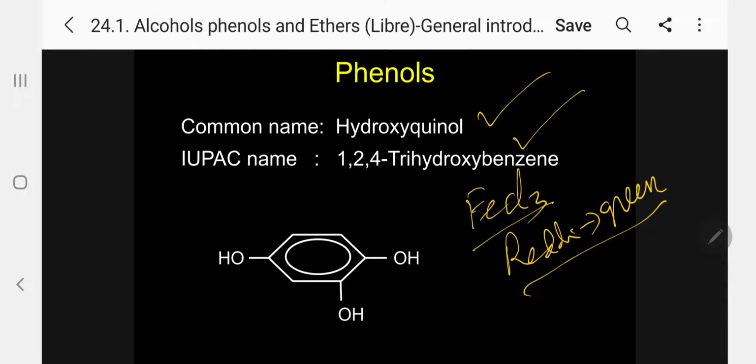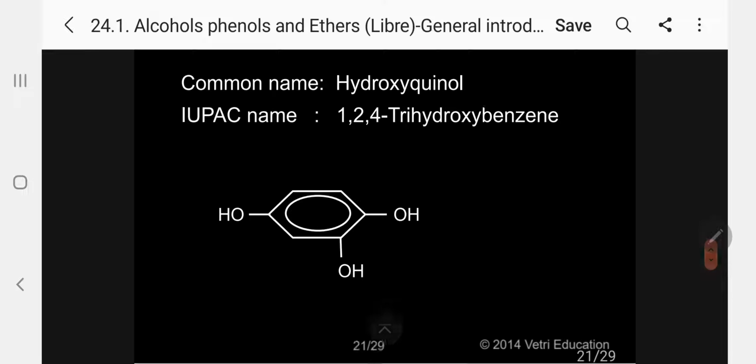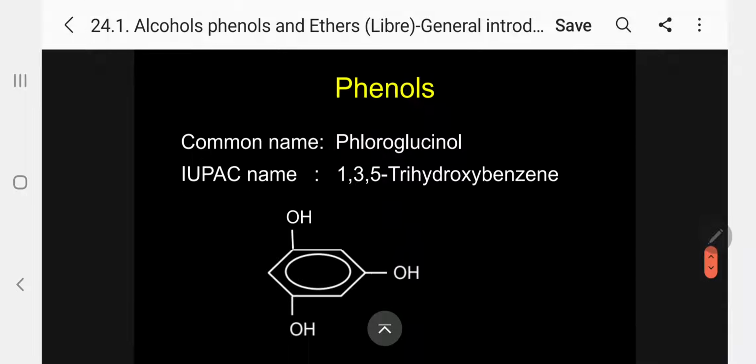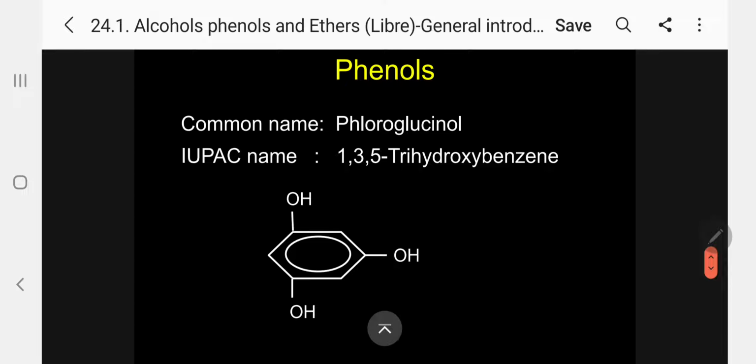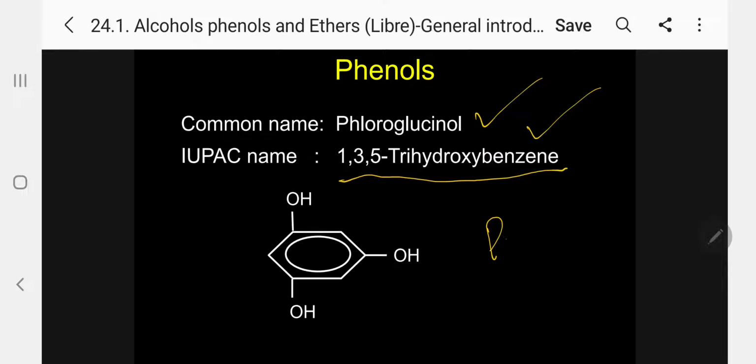This is the color for hydroxyquinol. And the common name for the third trihydroxy compound is phloroglucinol. The IUPAC name is 1,3,5-trihydroxybenzene. With neutral ferric chloride it gives purple color.